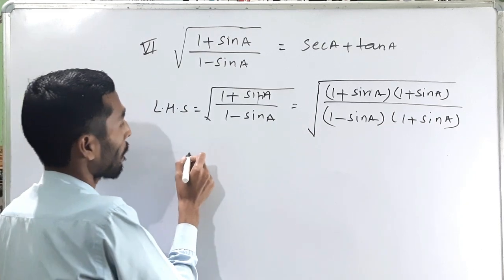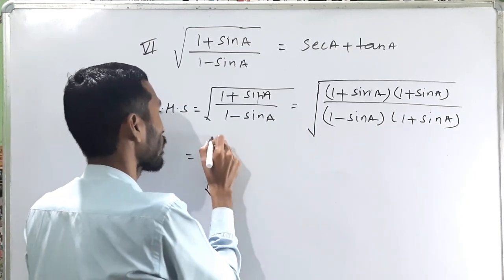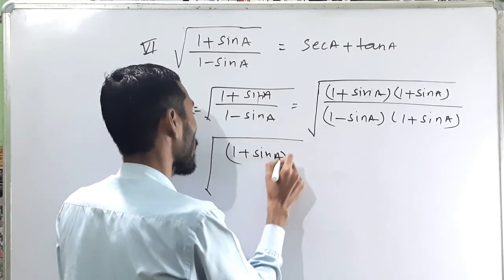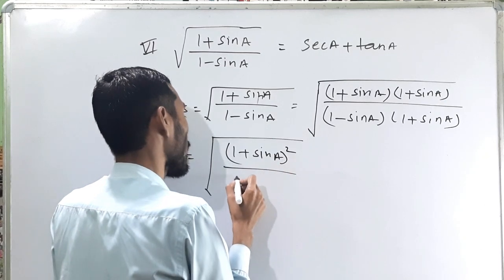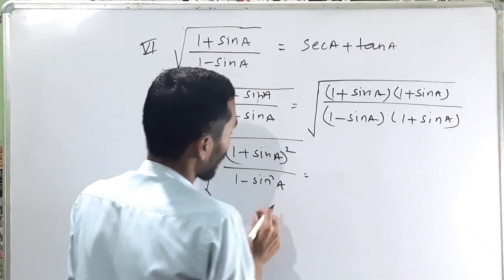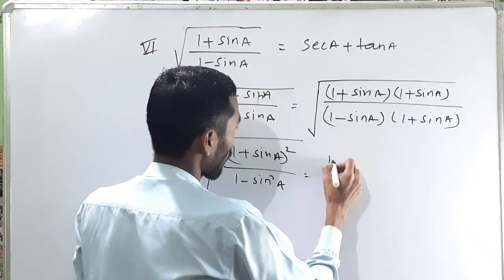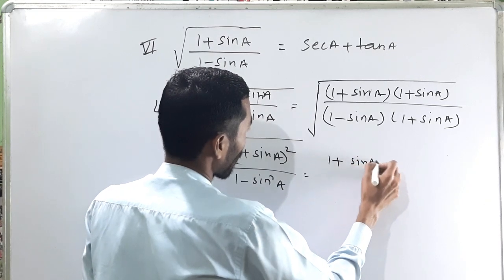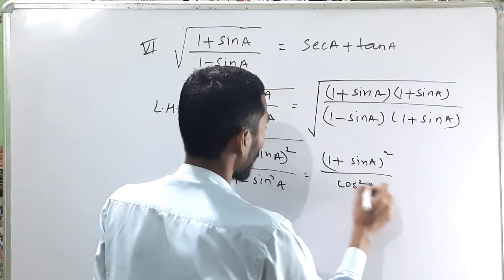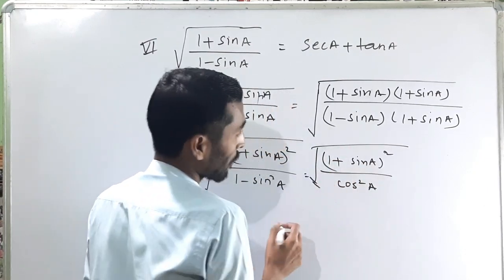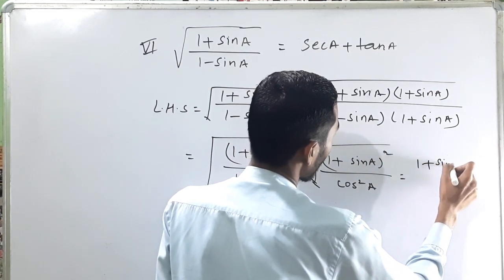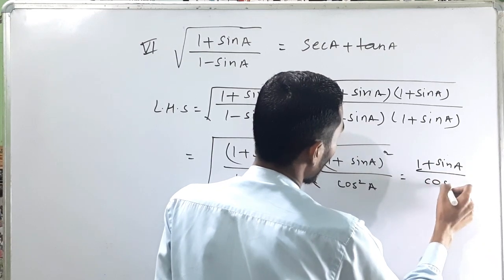So the square of a plus b, and denominator 1 minus sin square A. It can be written as the square of 1 plus sin A and cos square A, and taking the square root of numerator and denominator, it equals 1 plus sin A by cos A.